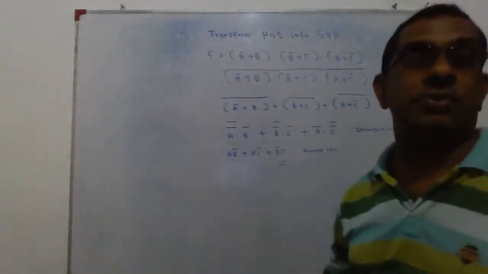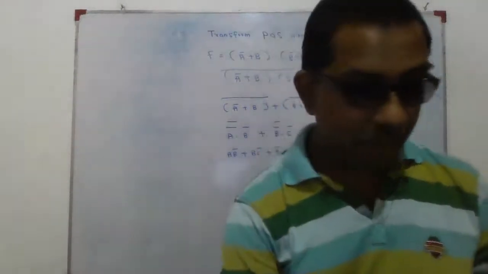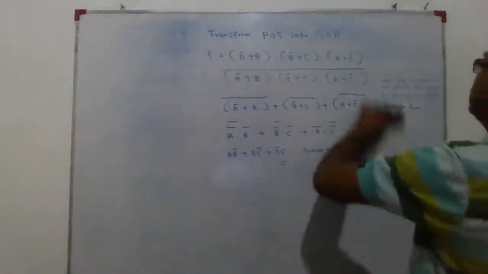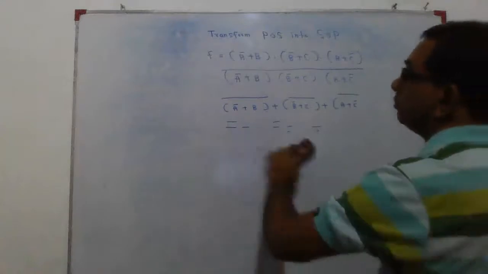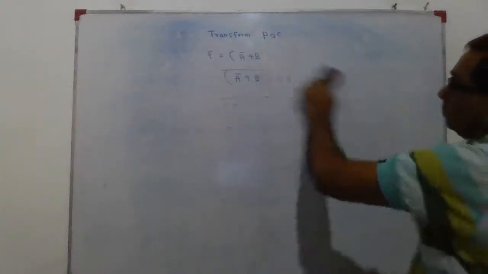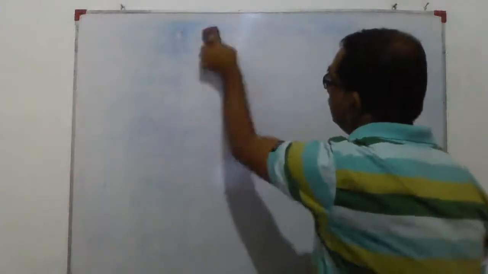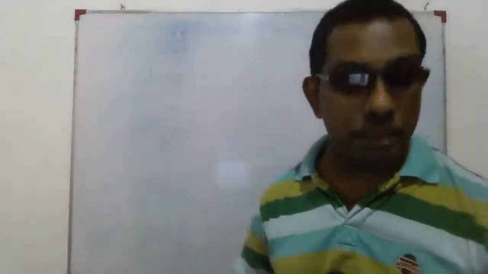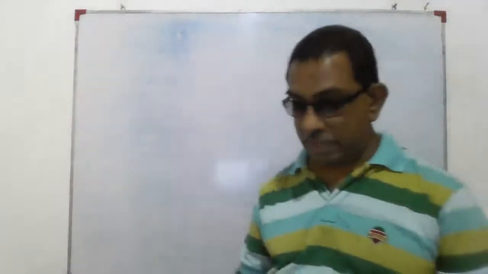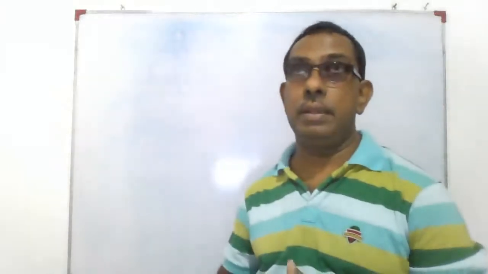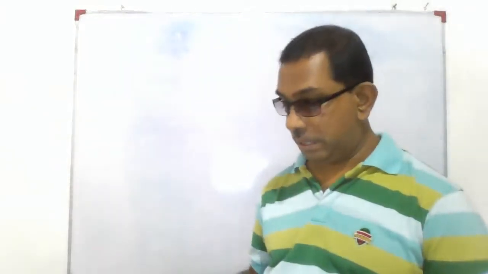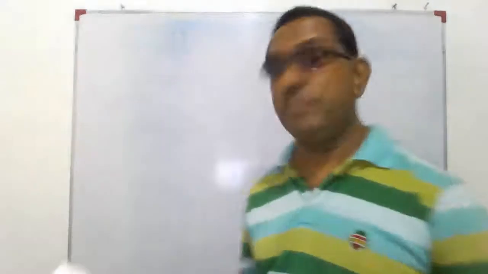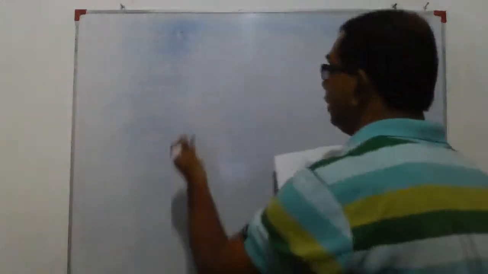So I would like to show you one example here. Now there is a Boolean equation, but they have shown you the logic gate circuit also. I draw the circuit here.